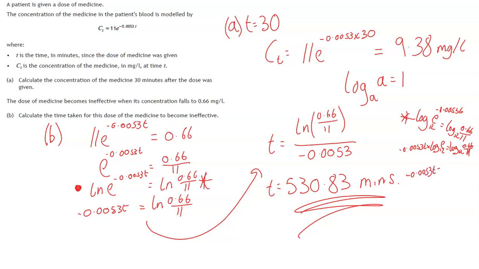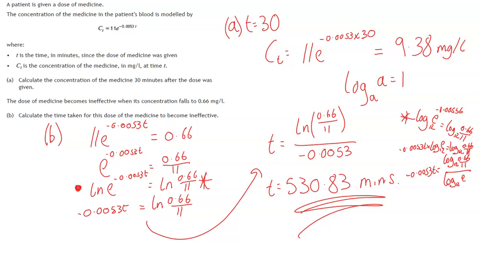I would then still divide by log to the base 12 of e on both sides and get negative 0.0053t equals log to the base 12 of 0.66 over 11 divided by log to the base 12 of e. I would then have to divide that by the negative 0.0053 and plug it all in a calculator.